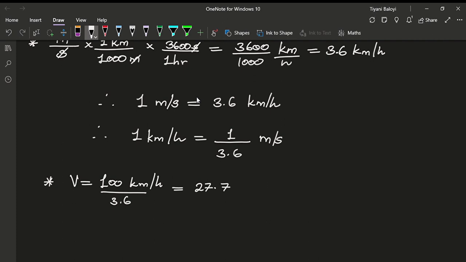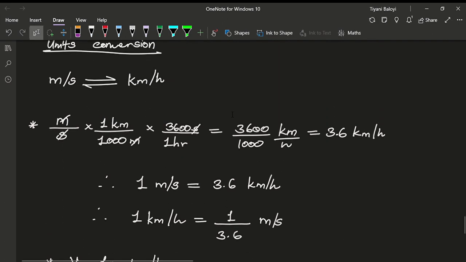Is it 77 or 78? It's 78. 27.78 meters per second. Multiply this by 3.6, you get that 100 kilometers per hour. So that's your unit conversion. That's how it works, right?